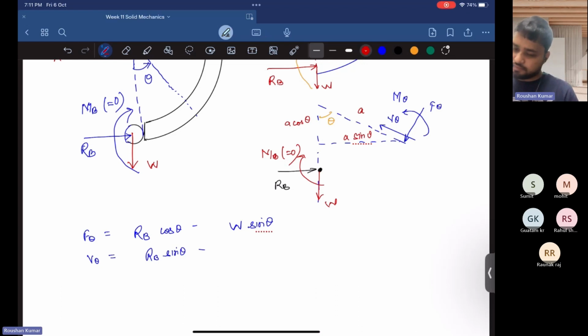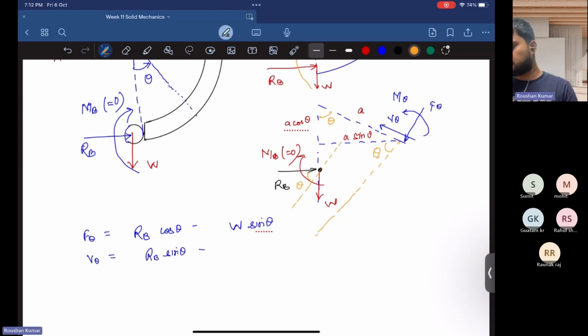So this angle is theta, sorry, this angle is theta, so this angle is also theta. Okay, so RB cos theta, RB sin theta. RB sin theta minus, sorry, RB sin theta plus W cos theta.